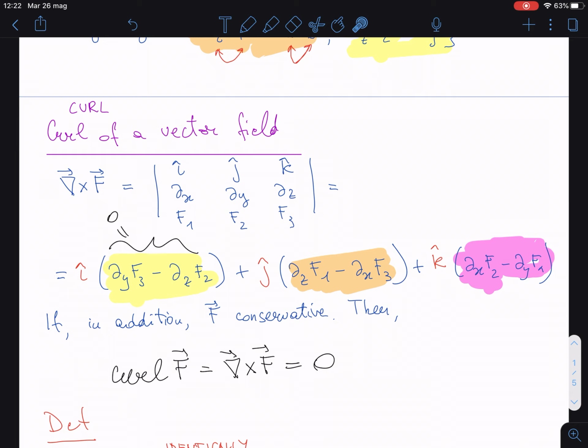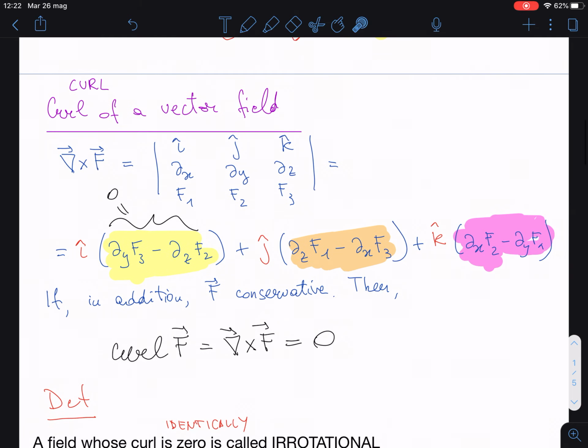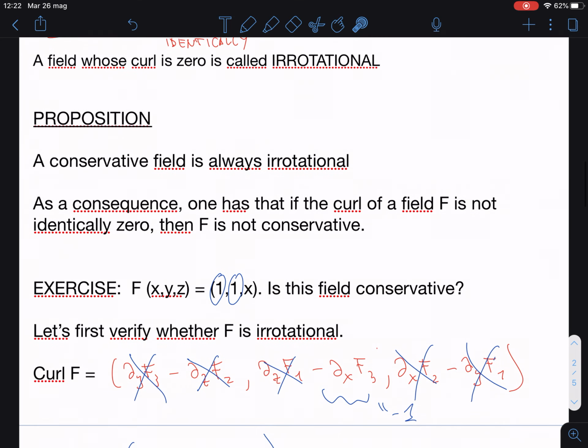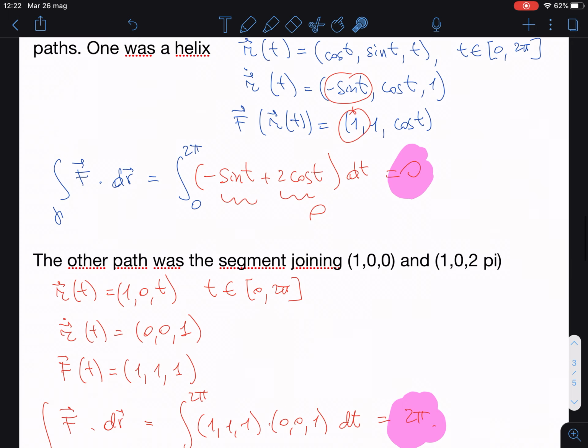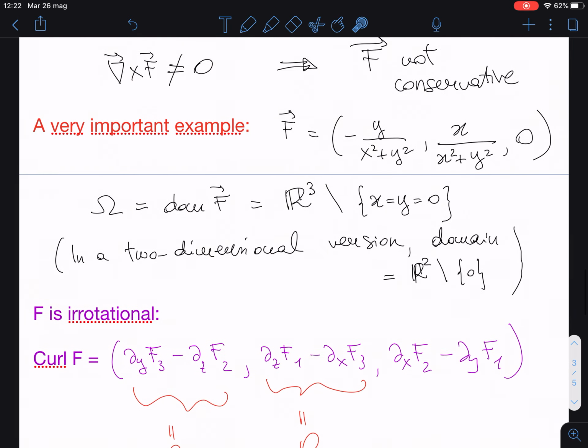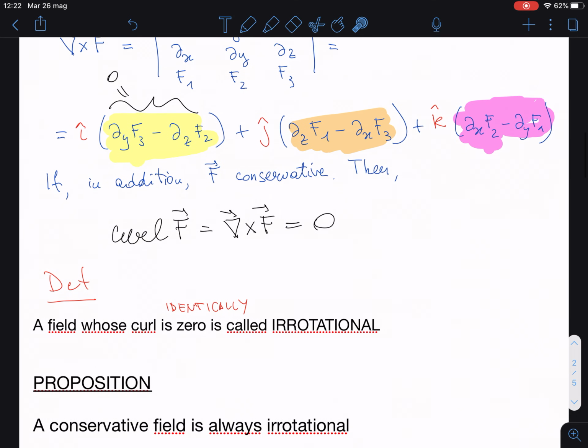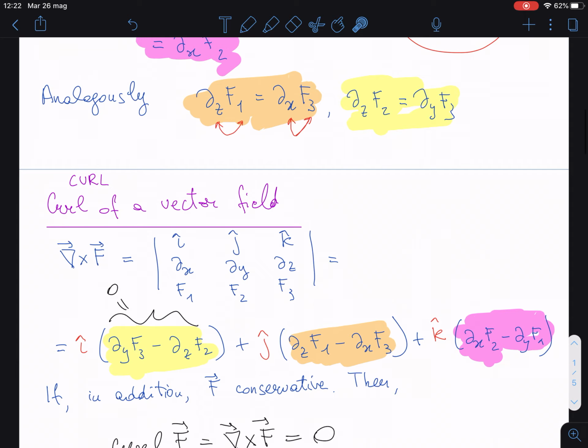This means exactly that the curl measures, so to say, in quotation marks, the quantity of rotation that your field has. Okay? And what we found is that a conservative field is irrotational, so curl equal to 0, which means that a conservative field has no rotation in itself. This is the qualitative idea.